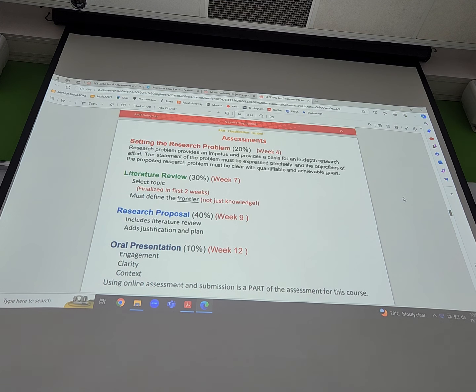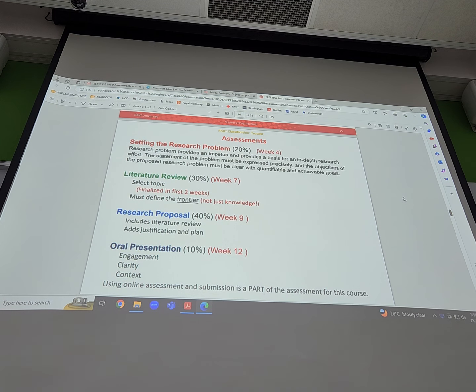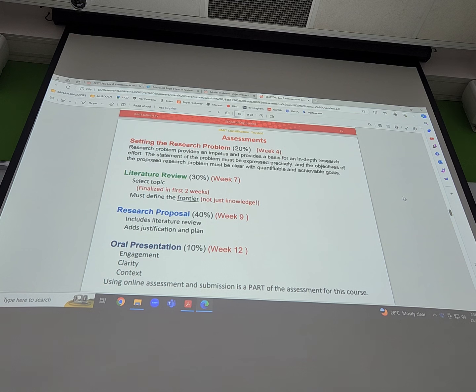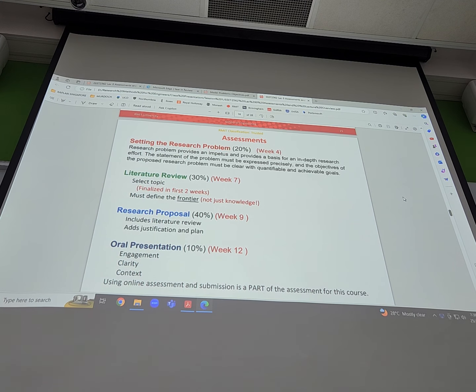But since the sessions are now reduced from 6 to 3, the best thing is that you just email me, and I'll be able to communicate back whether your chosen problem is okay or not okay, if not why, and how you can rephrase or change it in a better way.